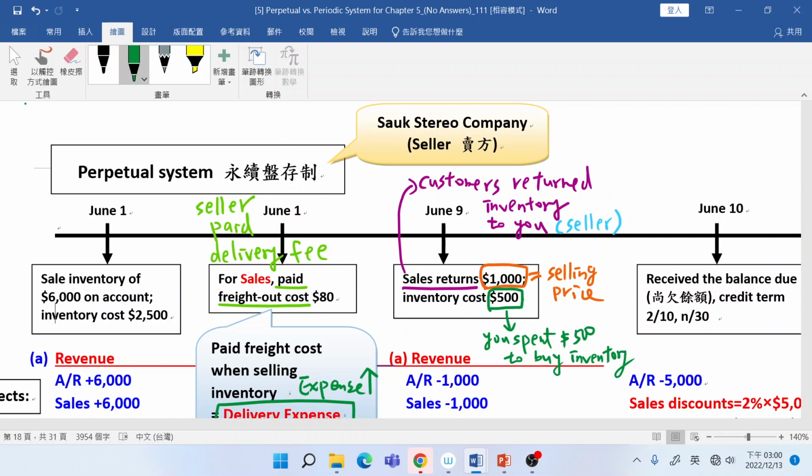They are not satisfied with part of your inventory. So they decide to return the inventory back to you. Okay? For this, how could we record it?